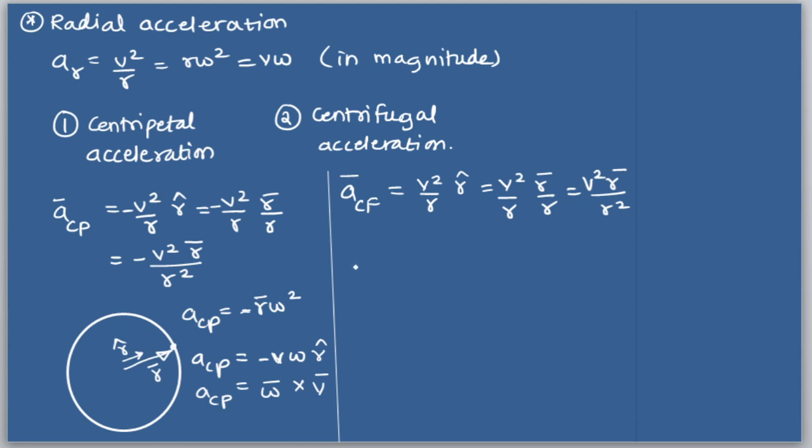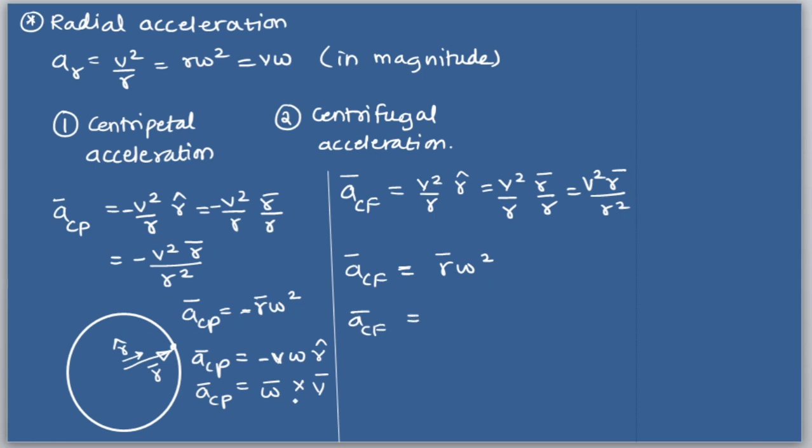Similarly for the other forms, just change the direction. Centrifugal acceleration will be equal to its magnitude r omega square, its direction is away from the center, so here you may write r bar. Of course all of these are vectors, so write them as vectors. And the final formula, v omega, for the centrifugal acceleration will be away from the center.